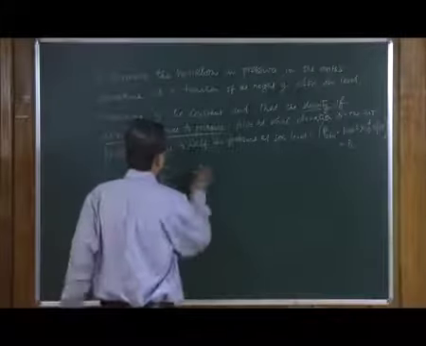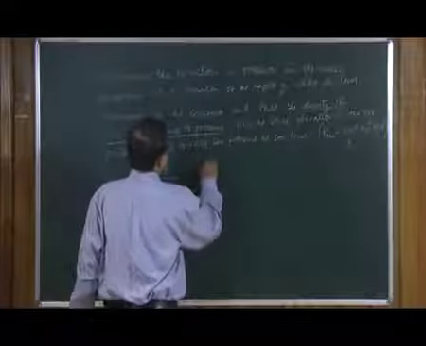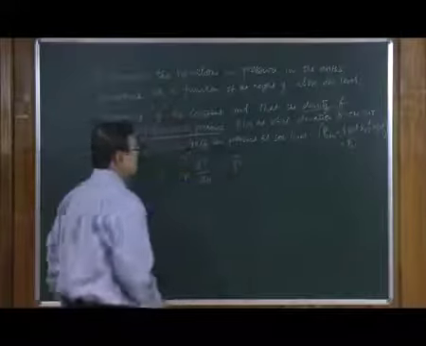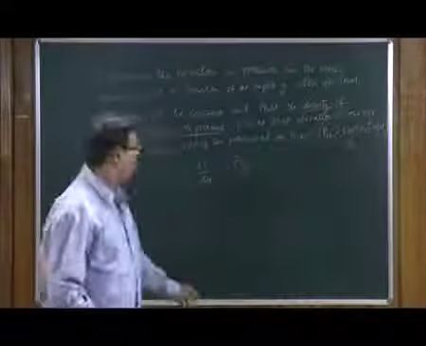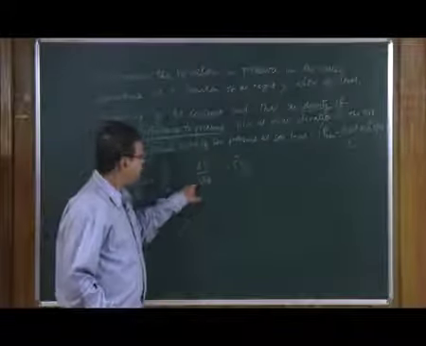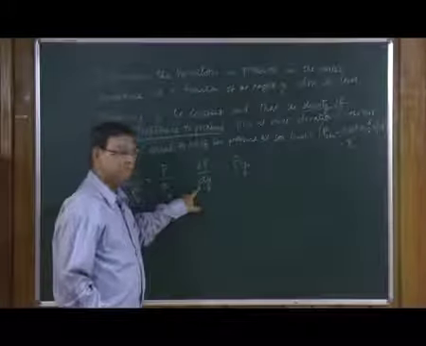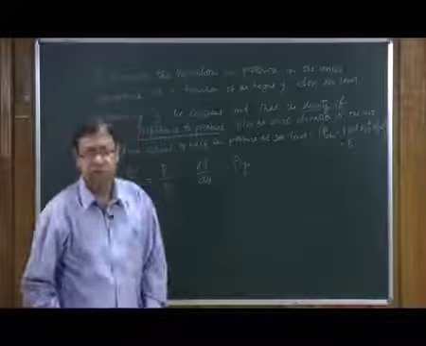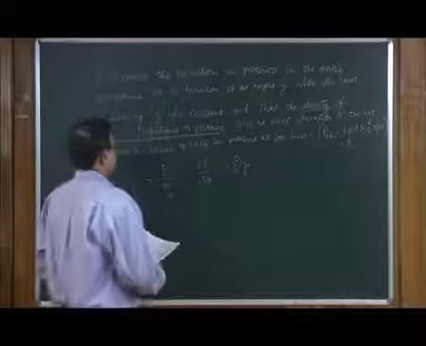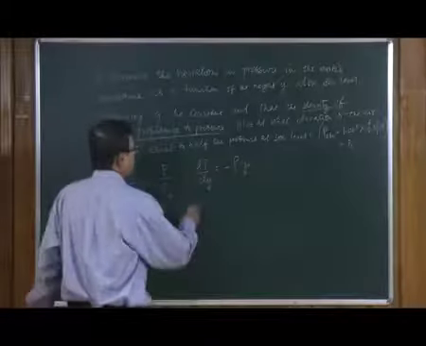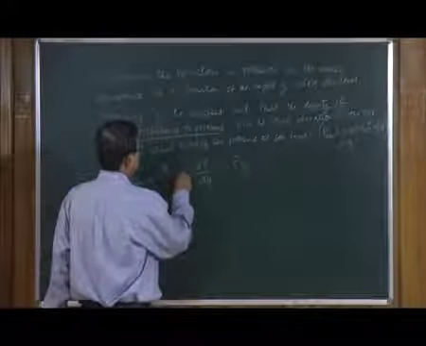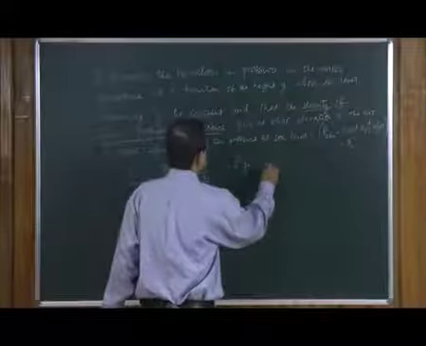So, we have learned earlier that dP dy equal to minus rho g. This is how the pressure varies with height and you can get P as a function of y by solving this differential equation. This we have elaborately discussed earlier. Now I am going to replace this rho. Let us call this equation 1 and this equation 2.